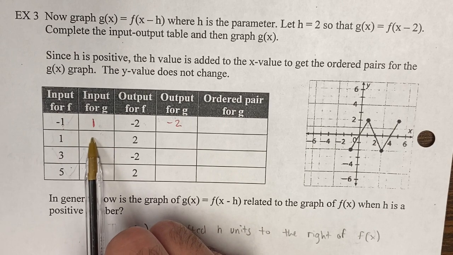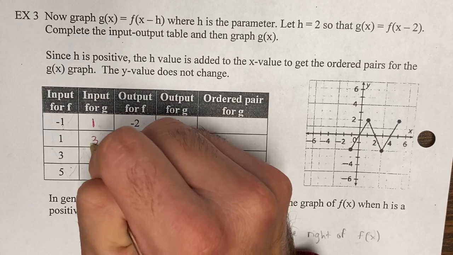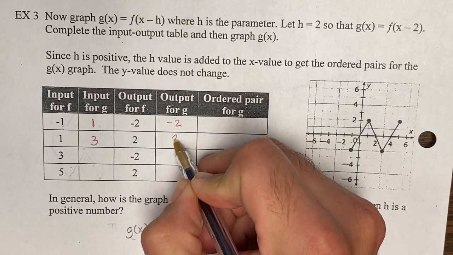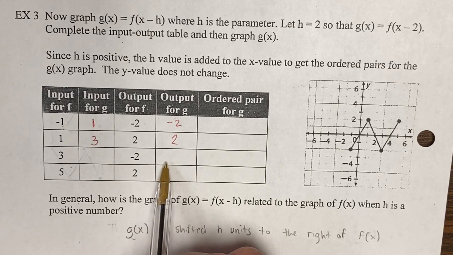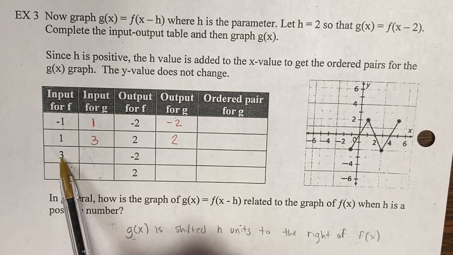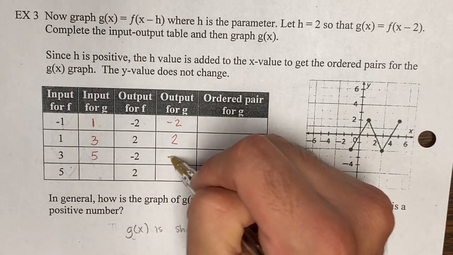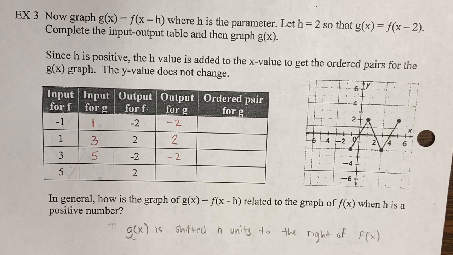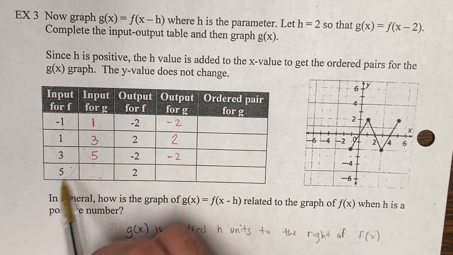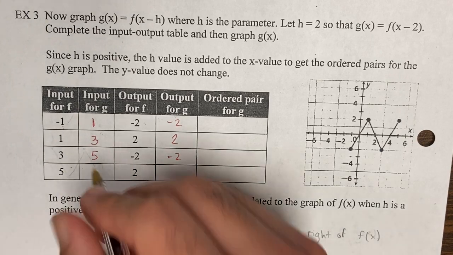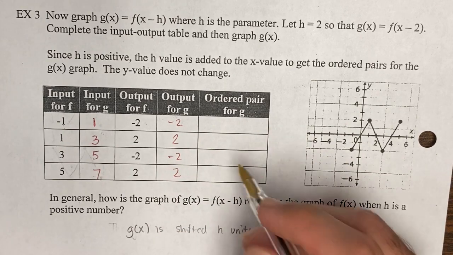If the input of f is 1, the input for g is 3, and the output remains unchanged. If the input of f is 3, the input for g is 5, and the output remains -2. If the input for f is 5, the input for g is 7, and the output remains 2.